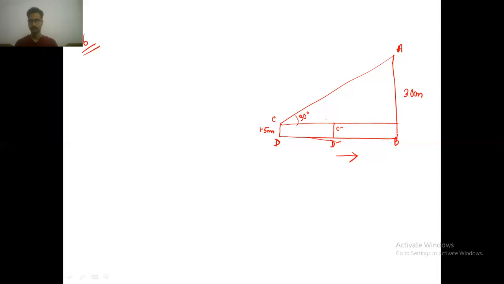Now see, one basic concept. Suppose he is standing here. Suppose this is the position of the building. Now when he is walking towards the building, then this angle will be increased. Yes or no?